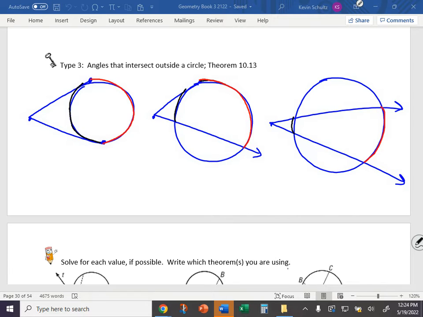Right? So in each situation, regardless of what you have, if the angle starts outside the circle, you end up with a big arc and a small arc. Everyone see that? Okay?